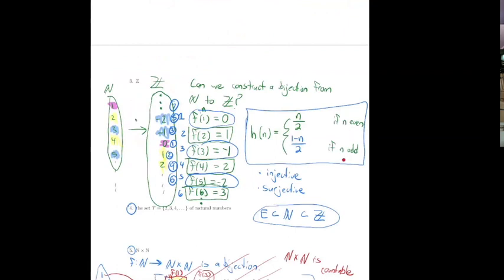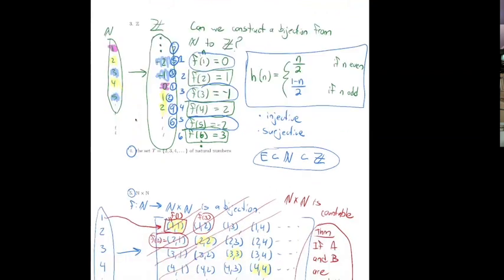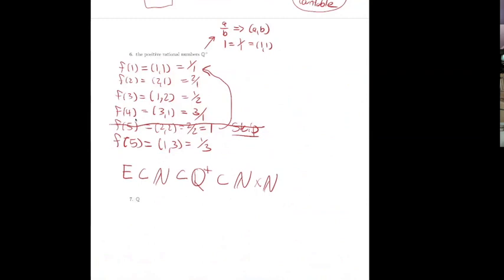And this was a way of letting us get, for odd things, the negative values, and for even things, we accounted for all of the positive values over here. So we can do the same thing over here. We've already counted up and said that we can count the positive ones. And so now really all I need to do is we know that there is a bijection from N to Q plus.